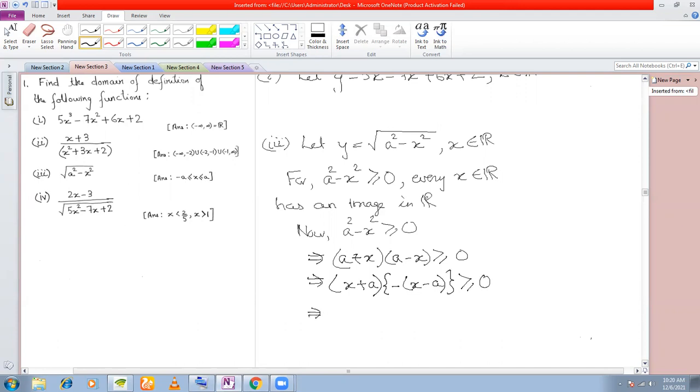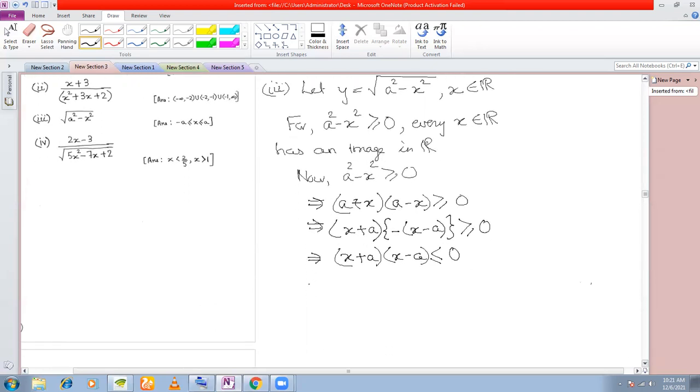Because I want to find out the value of x, that is why I'm writing it in this way. Now if I multiply both sides by minus 1, what will happen? The sign of the inequality is going to reverse, right? So that means what happens?